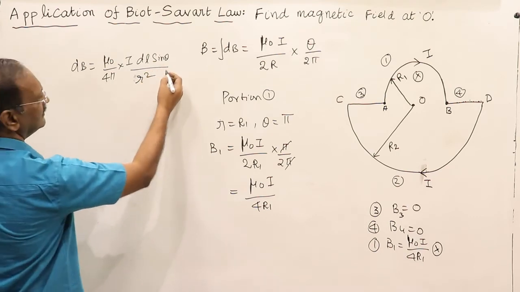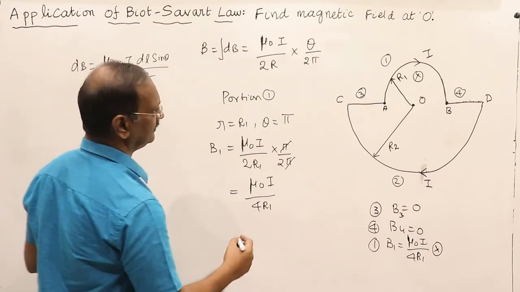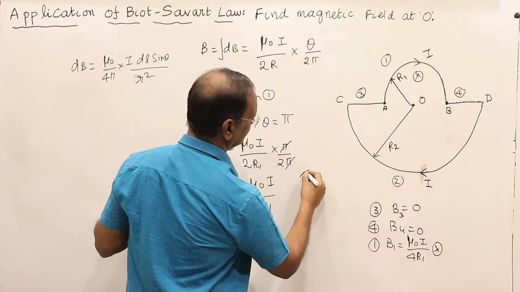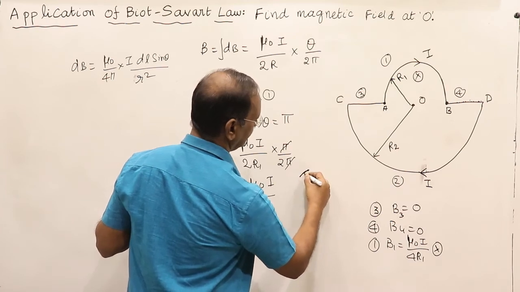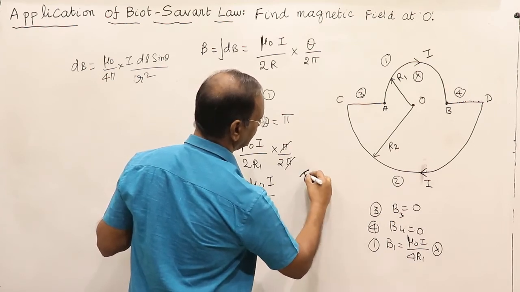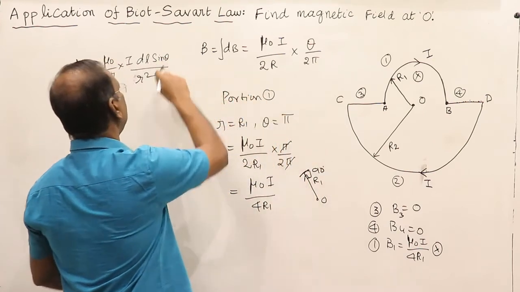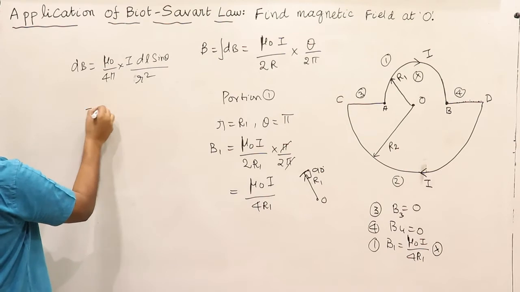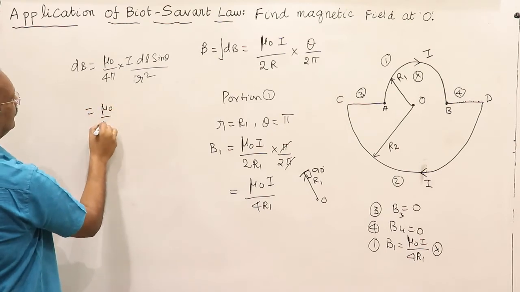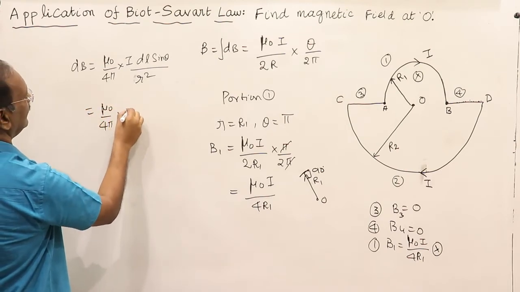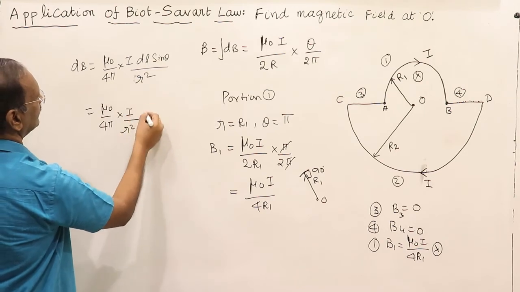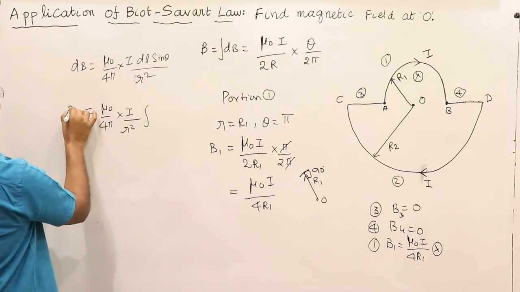Since sin, what is the theta here? This is the semicircular portion. This is dl and this is O. This is r1 and the angle is 90 degrees. So sin 90 is equal to 1, or we can write mu naught by 4 pi into I into r square into integral of dl.